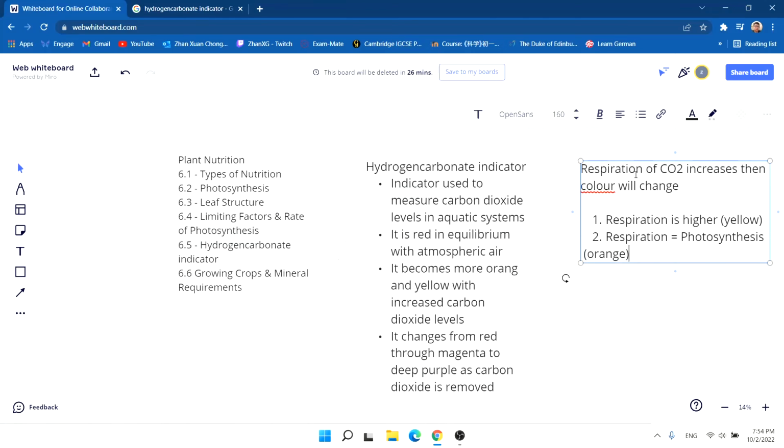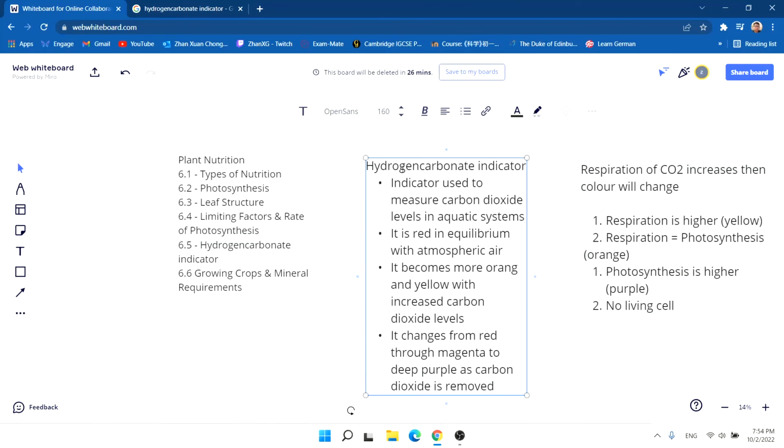Number 3, ignore the number. If photosynthesis is higher, then it will be purple. And then if no living cell, there will be no color. Okay, that is all for hydrogen carbonate indicator.